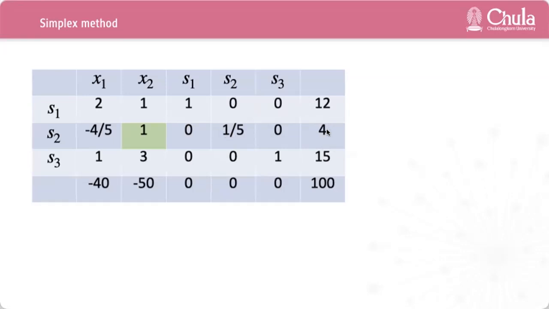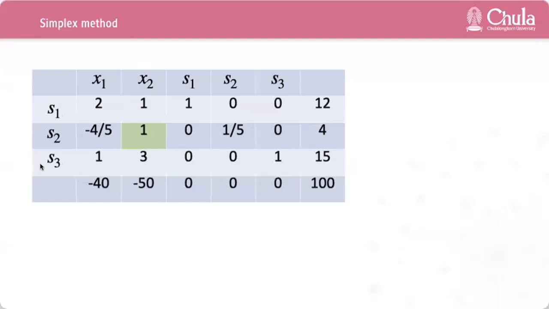Now we want this element to be 0, and this element to be 0, right? As I told you previously, in each column of our basic variables, only the corresponding element must be 1, and the rest must be 0. So to make this element 0, we subtract this line by this line.